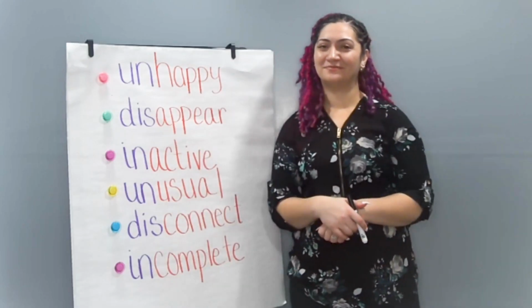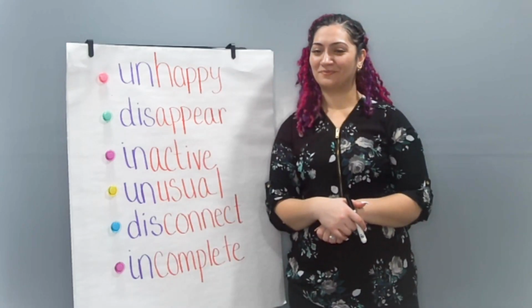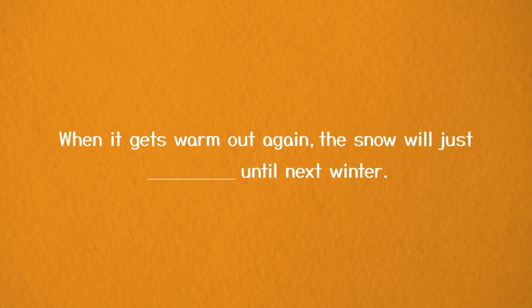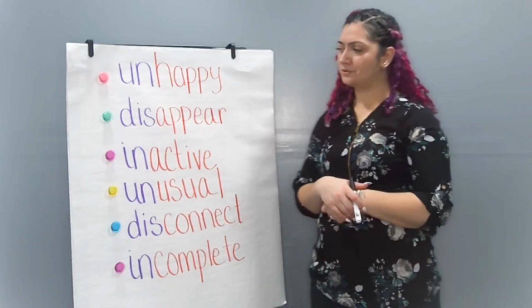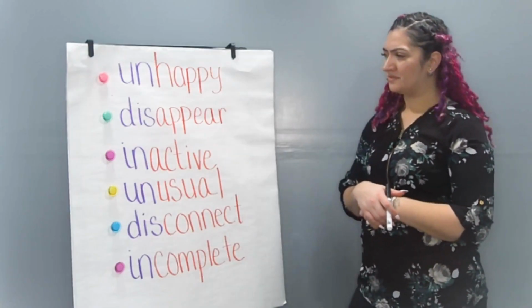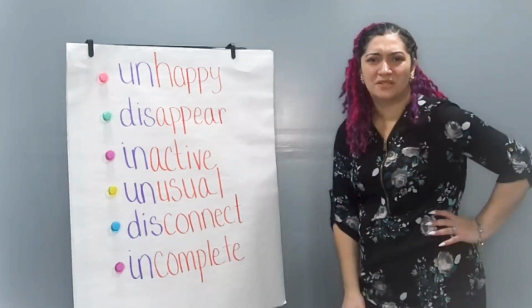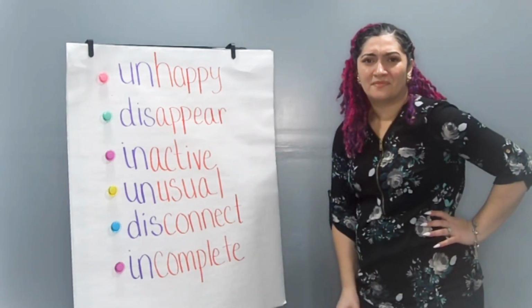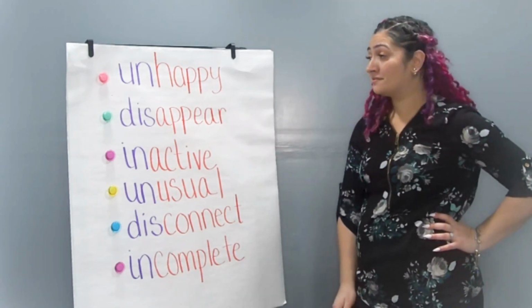All right, let's keep moving. When it gets warm out again, the snow will just blank until next winter. What word are you going to write down? What happens to the snow once it gets really warm? It melts, yep.